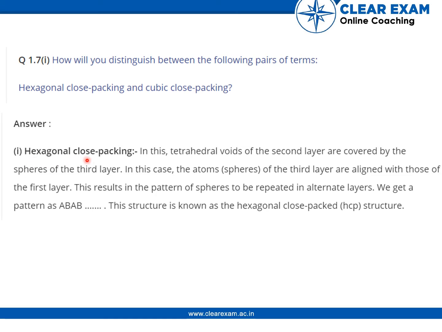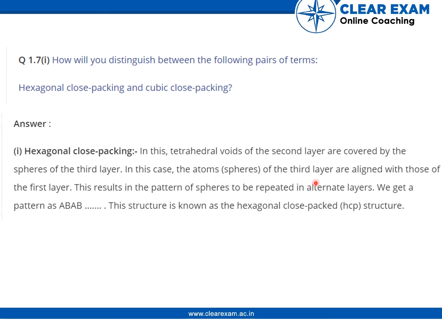So, in hexagonal close packing, tetrahedral voids of the second layer are covered by the spheres of the third layer. In this case, the atoms, which are referred to as spheres in the diagrams, of the third layer are aligned with those of the first layer. This is a very important line in understanding the hexagonal close packing.